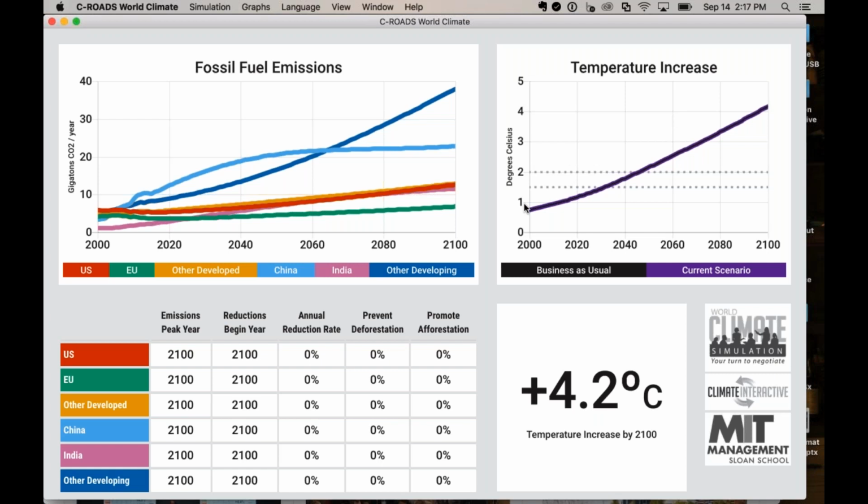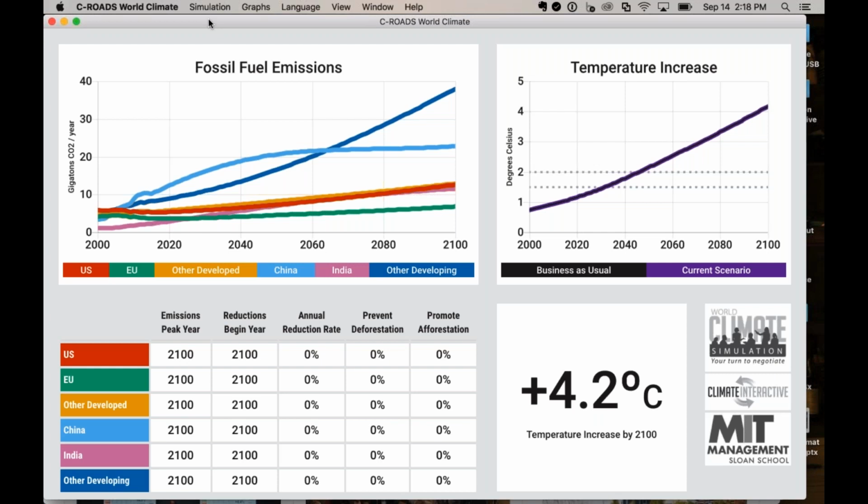And you can see here that without taking action, we're on a trajectory towards 4.2 degrees Celsius of warming by the end of the century. And over here are the lines of each of the different countries represented. So you can see emissions growing for all the different regions. And the challenge then is, how do we reduce these emissions?